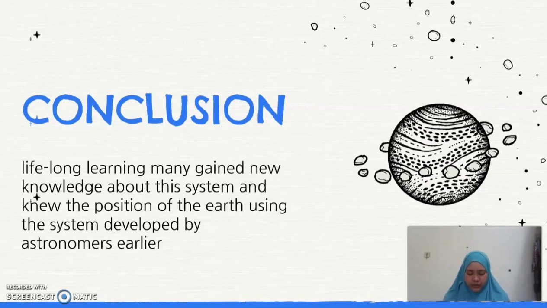For the recommendation, time always moves forward, so the astronomical systems such as the equatorial coordinate system and the topocentric coordinate system will change over time, because technology keeps moving forward, and there will be other ways to know the position of the Earth, the Sun, and other technology to locate objects in the sky.